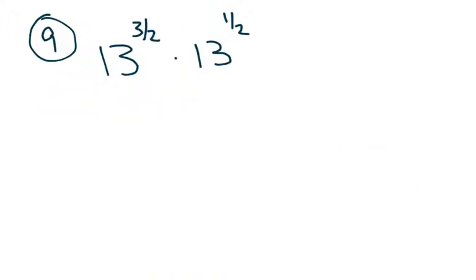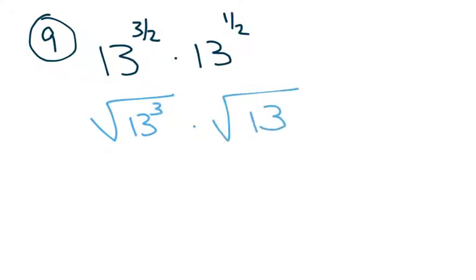Although this is a problem that you could probably just do in your calculator, I'm going to show you how it works without a calculator. It says we want to simplify 13 to the 3/2 power times 13 to the 1/2 power. 13 to the 3/2 power is the same as the square root of 13 cubed. And 13 to the 1/2 power is the same as the square root of 13.